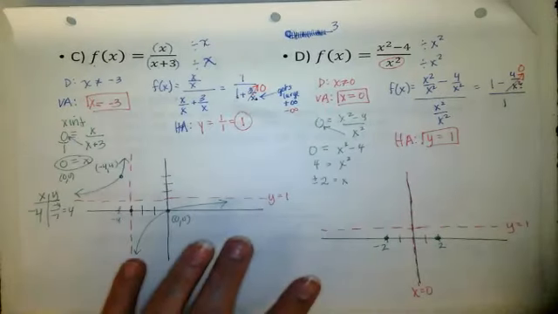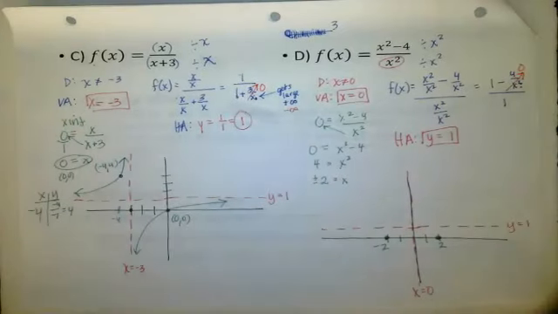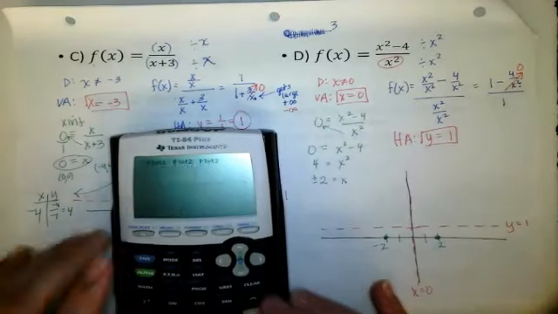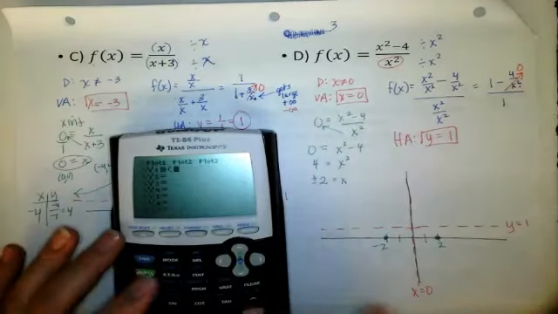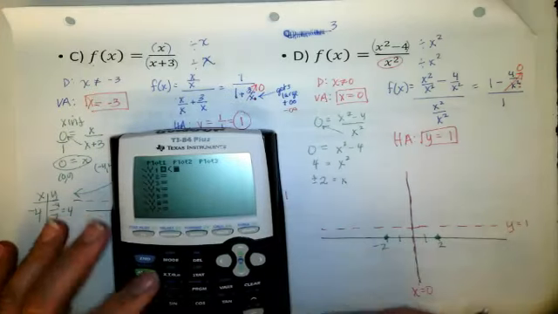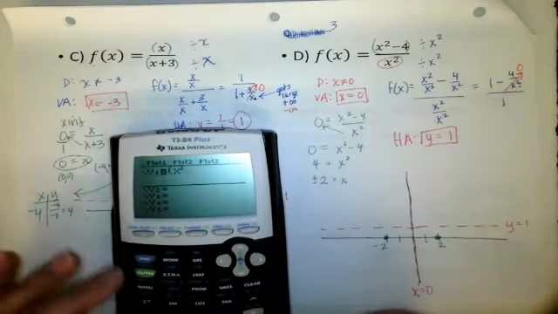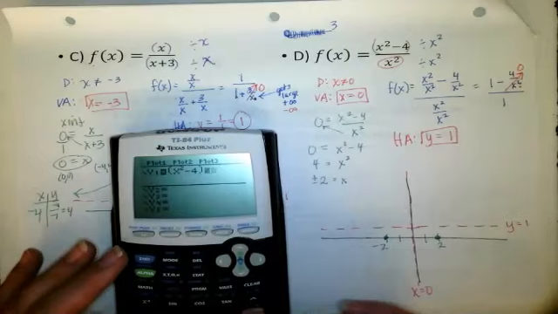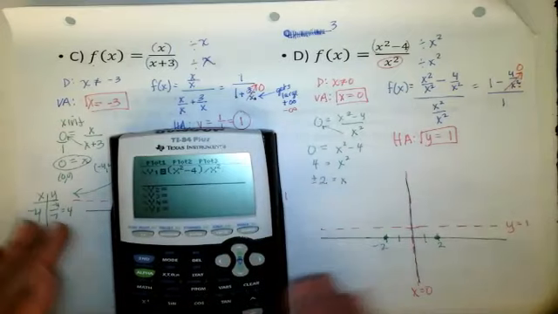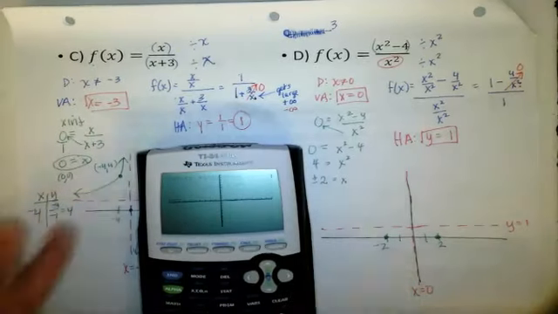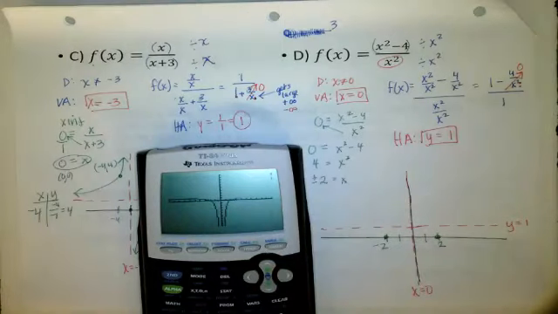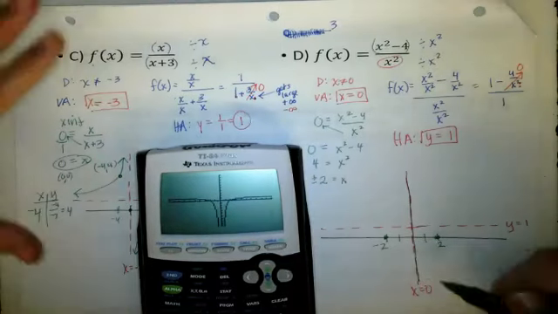Oh, this is a totally interesting function. I don't know what this looks like. I'm going to graph it. I want to make sure I put parentheses in my numerator, so I have x squared minus 4. I have an idea of what I think it looks like, but I just need to double check. It matches.